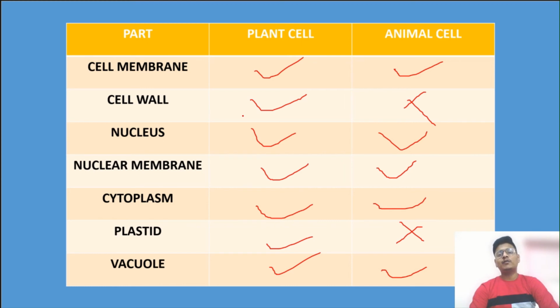Now let's recap what we have learned till now. We started with the component of the cell called vacuole. We saw that the vacuole in the plant cell was very large, more than 50% of the cell. In the animal cell there were small vacuoles, but in large quantity. Then we studied plastids, which are present in the plant cell and have different colors.